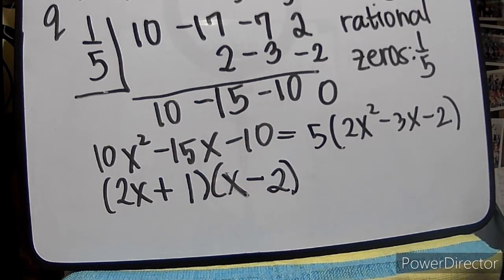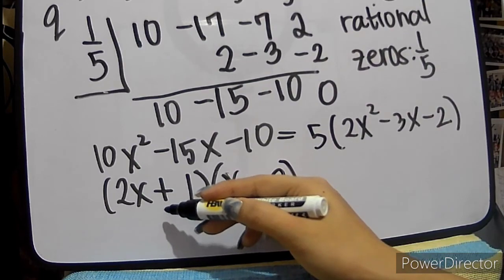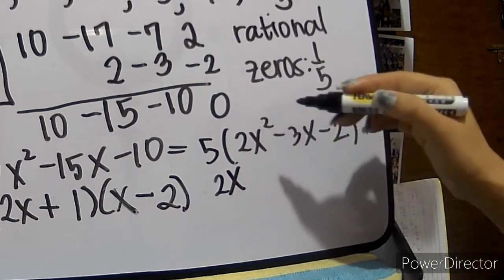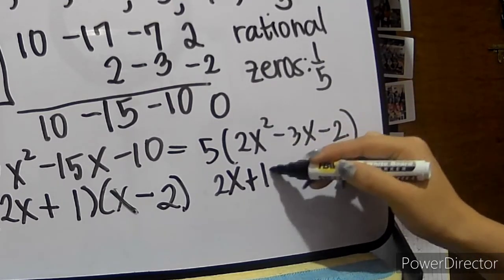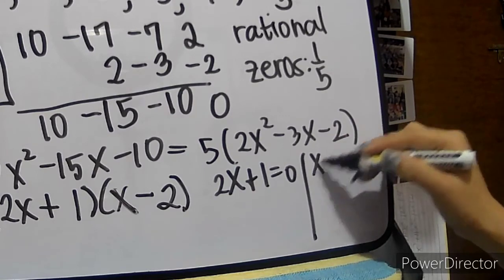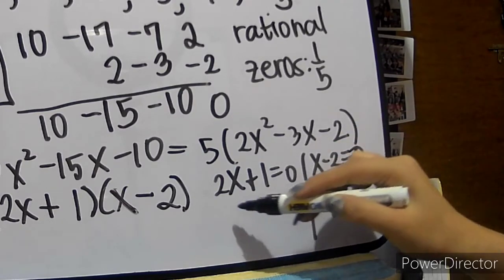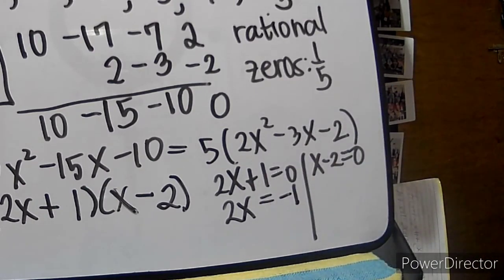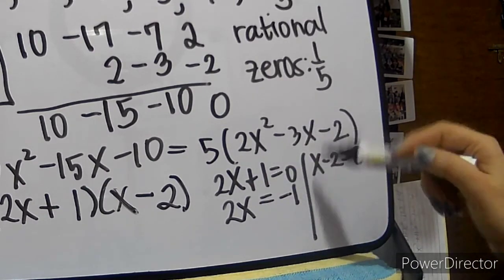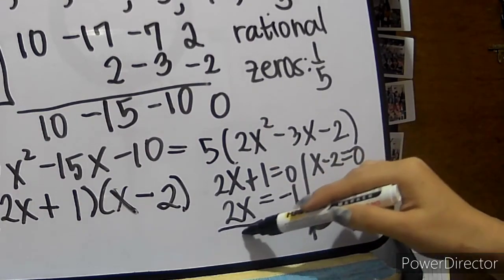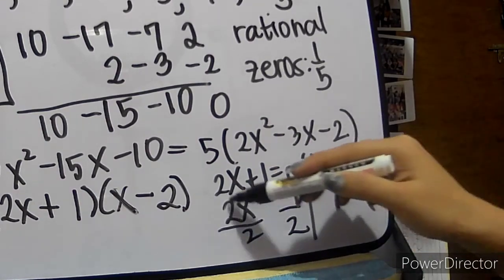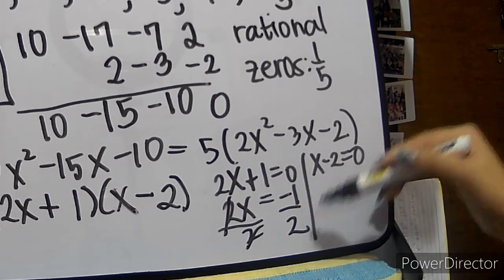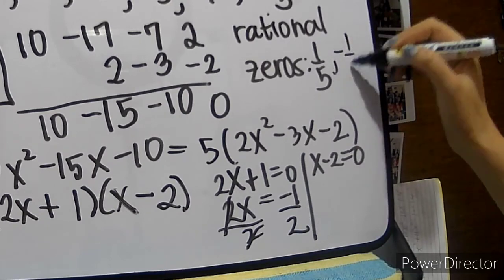So, kapag kinuha natin yung rational zeros niya. So 2x plus 1 will be equal to 0, and then x minus 2 will be equal to 0. 2x equals negative 1 kasi tinranspose, or if addition property of equality, minus 1 lang on both sides, and then divide by 2. Since I don't have space anymore, but our value here is negative 1 half. Yan.